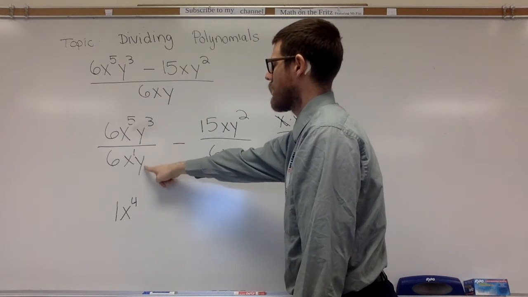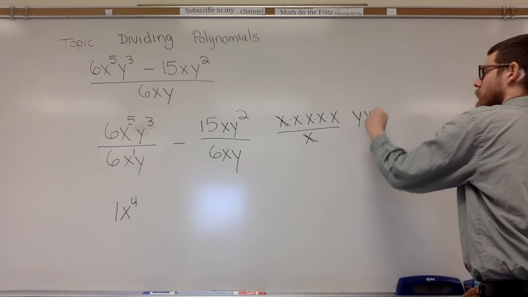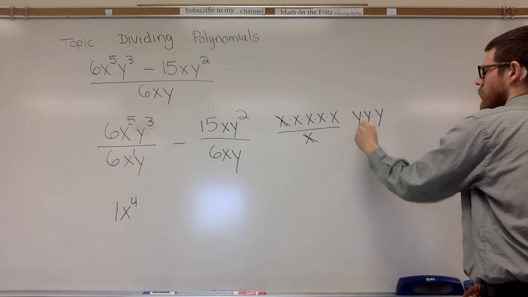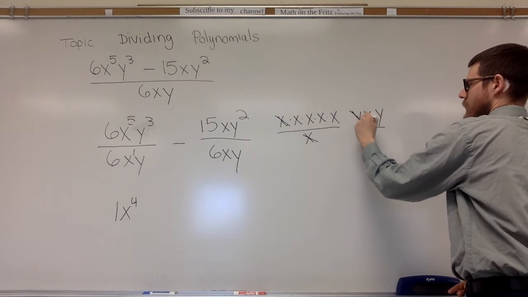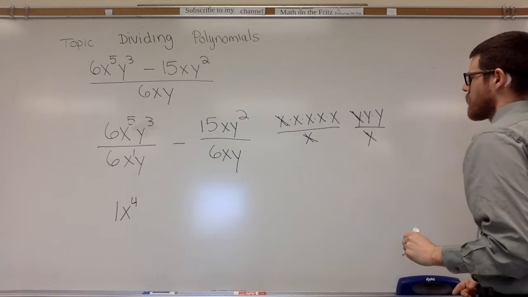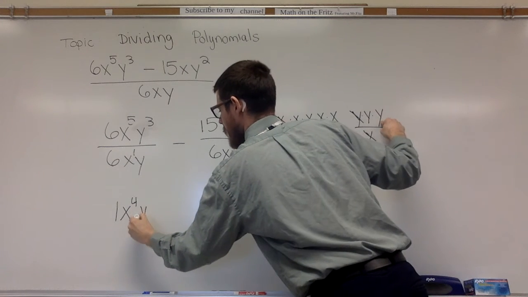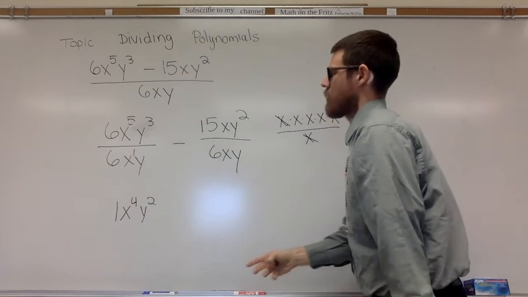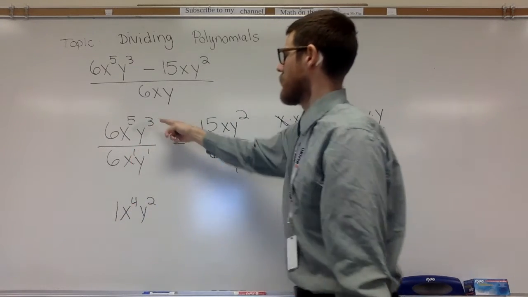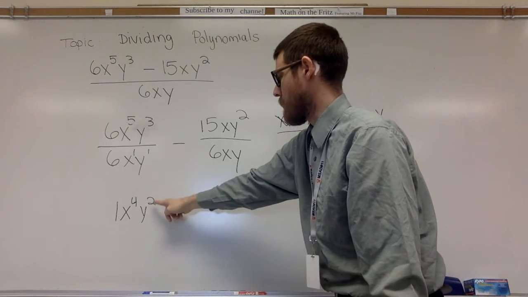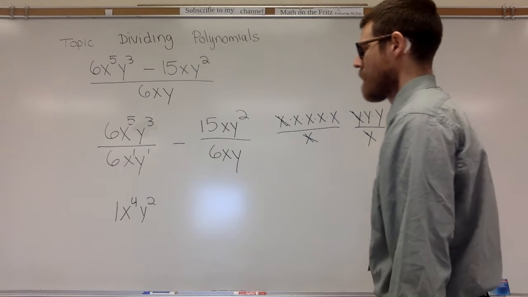If I had y to the 3rd divided by y, I could do the same thing: list out y to the 3rd, list out y to the 1st on the bottom. I can see that any number divided by itself is 1, and I'm left with y squared. But the shortcut is to just say, when I'm dividing, I subtract my exponents, and 3 minus 1 is 2. So I'd have a quick way to get to the answer.